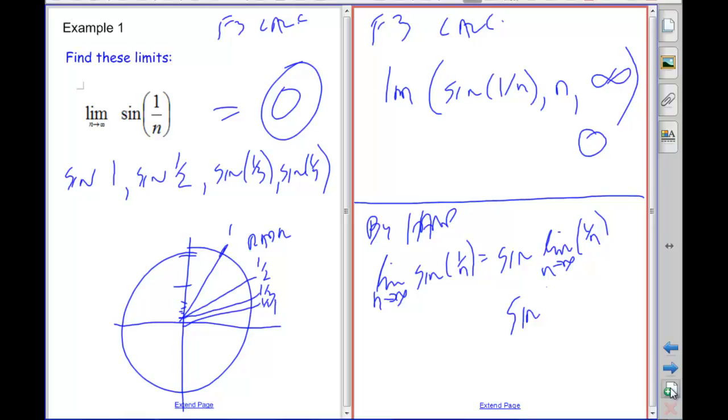And this limit is what? As n goes to infinity of 1 over n: 1, a half, a third, a fourth, a fifth, a sixth, where is that going? To 0. So we can think of it as the sine of 0. The sine of 0 is 0. So I'm starting to introduce ways you could analyze this without having to get out your calculator or hand do a bunch of terms.